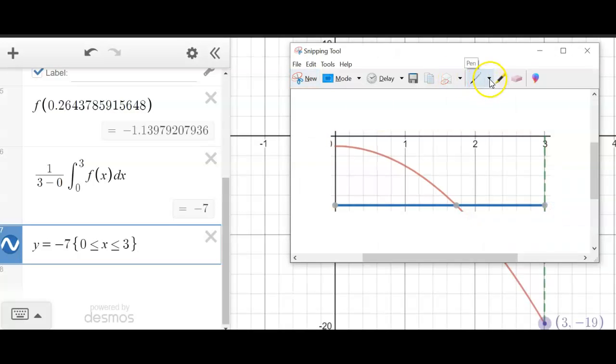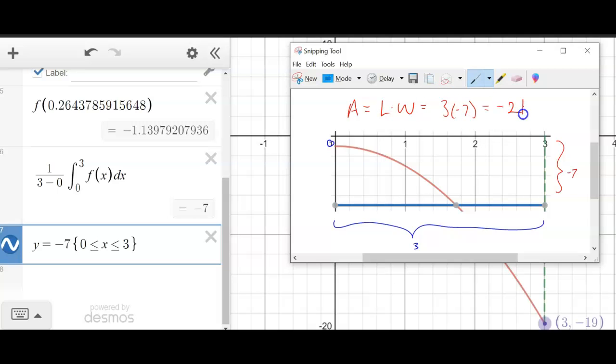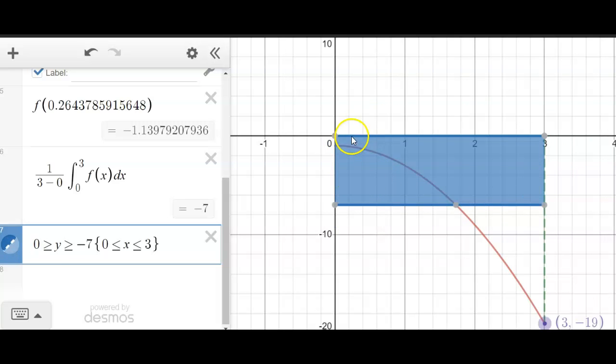Well, the area of a rectangle is length times width. So this length is from 0 to 3, so this length is 3, and we just said the height is the negative 7. So area equals length times width. That's 3 times negative 7, it's negative 21. So the area of that rectangle right there is negative 21 units.